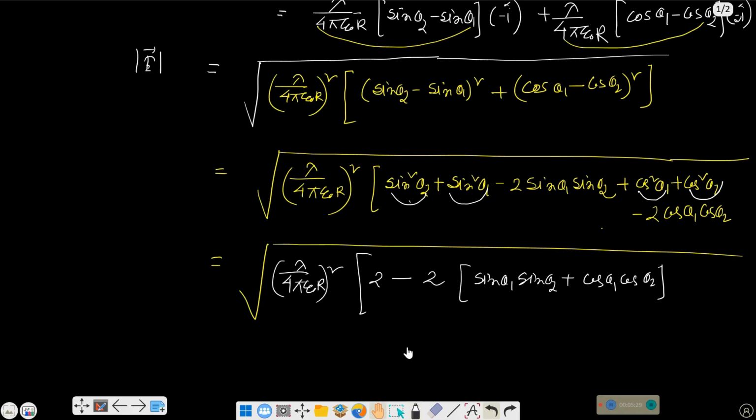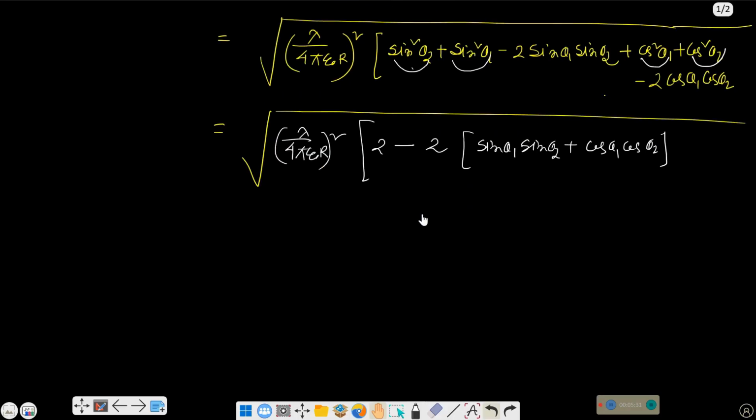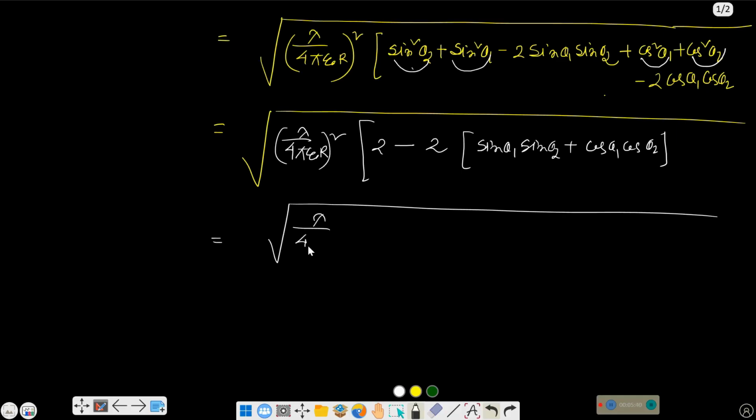Now using the trigonometry, you can take lambda by 4 pi epsilon naught as k, so k by r also. Taking 2 common, we will have 1 minus, from the trigonometry, cos of theta 2 minus theta 1.